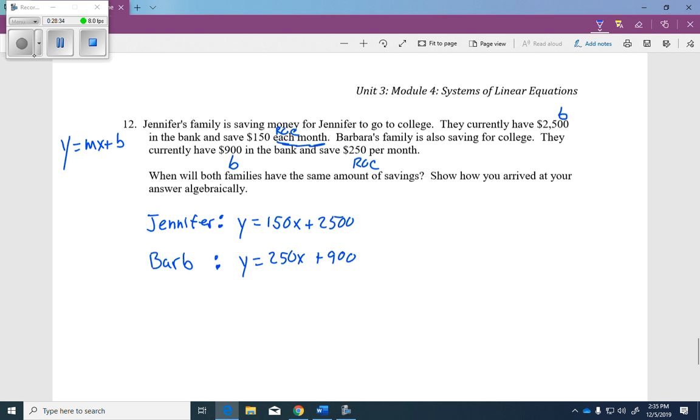They're asking when will both families have the same amount of savings. Let's also just do a let statement quickly. So x, since it says each month, is the number of months. Y is their savings. And in order to answer the question, I will do it by substitution.